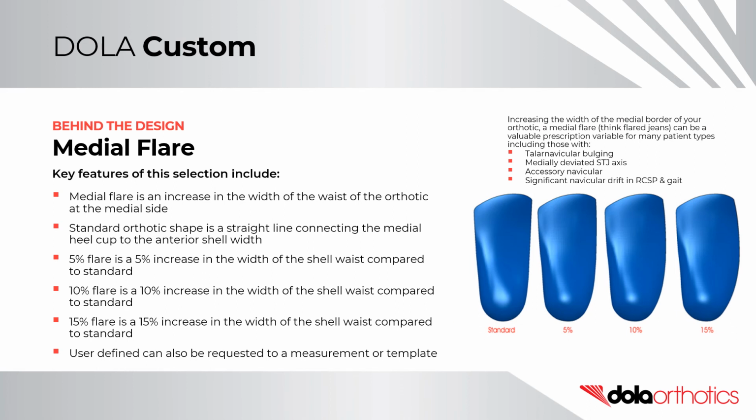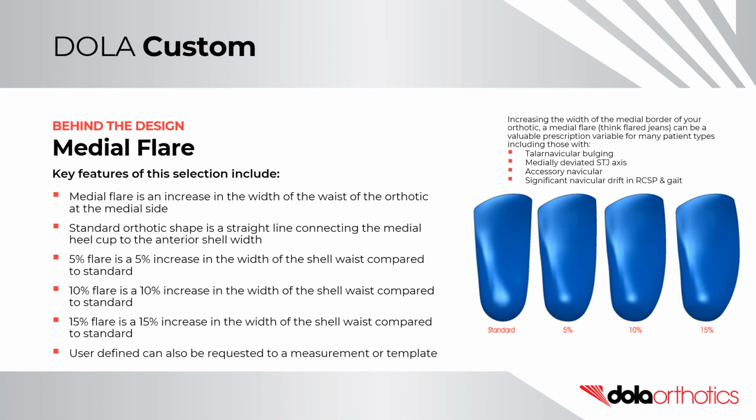Key features of this selection include: a medial flare is an increase in the width of the waist of the orthotic or midsection on the medial side. The standard orthotic waist dimension is determined by a straight line from the heel cup width to the anterior shell width as determined by the prescription and the attributes of the cast or scan. A 5% flare results in an increase in the waist of the orthotic by 5% on the medial side compared to standard.